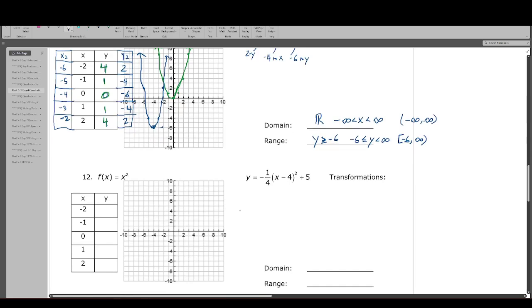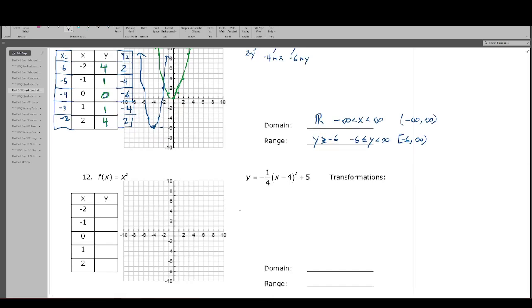It's going to be very similar, so you can follow the same process of adding to the table, putting an x2 column and a y2 column, identifying the changes here, like this is right 4, which is, in terms of our table, the x's are +4, the y's are +5, but first we're going to multiply the y's by -1/4.